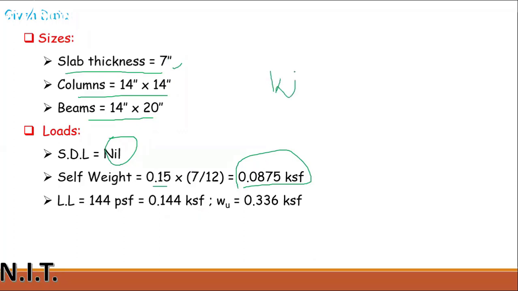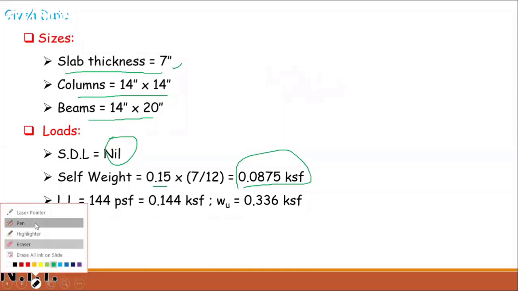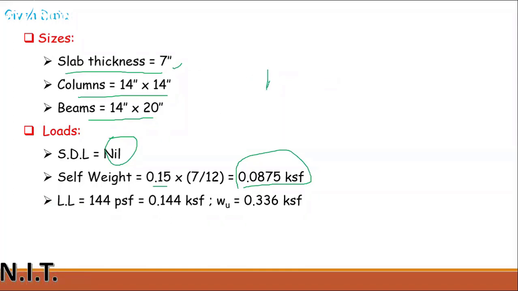WU can be calculated, as we have explained before. WU can be calculated by this formula: WU is equal to 1.2 multiplied by dead load plus 1.6 multiplied by live load.